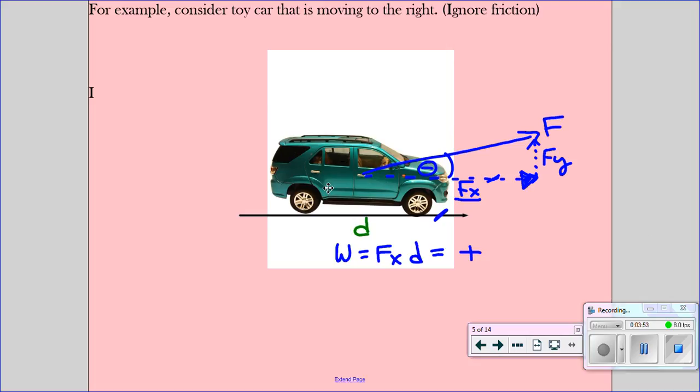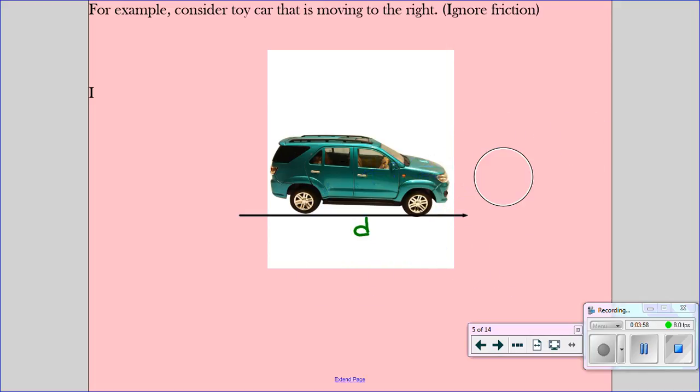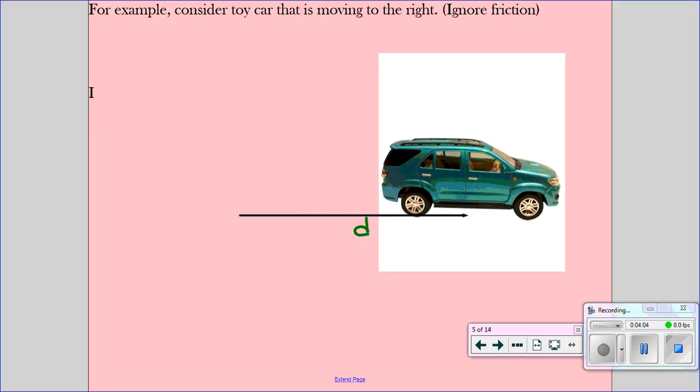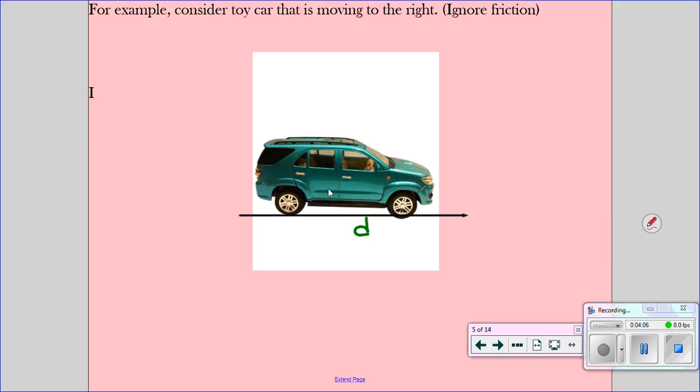Now let's look at a different example. Let's say that this car is still moving from my left to my right, but this time, say that there is some sort of external force going this way. In this particular case, I'm going to have an x component to my force that is going to be parallel but going the opposite direction of my displacement.